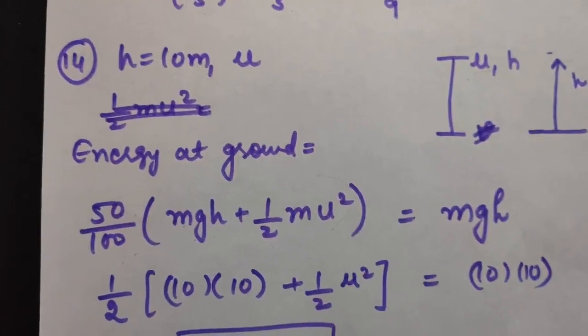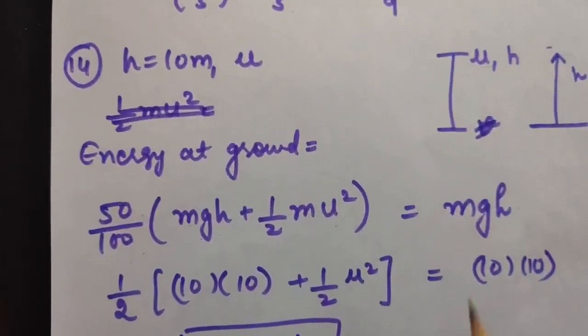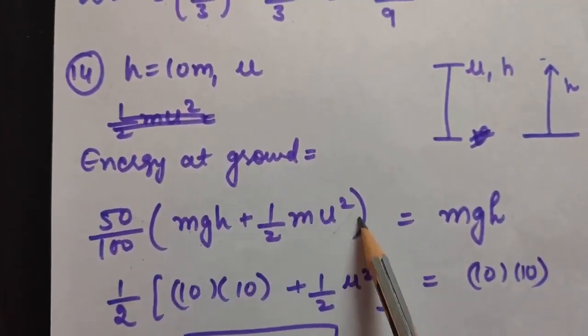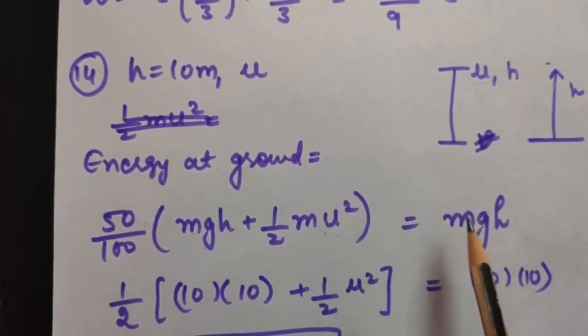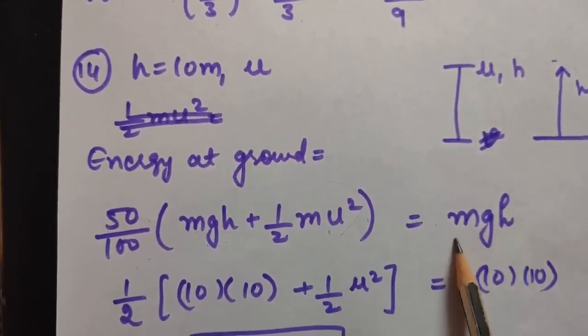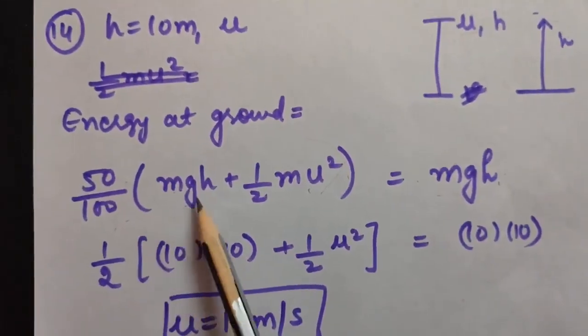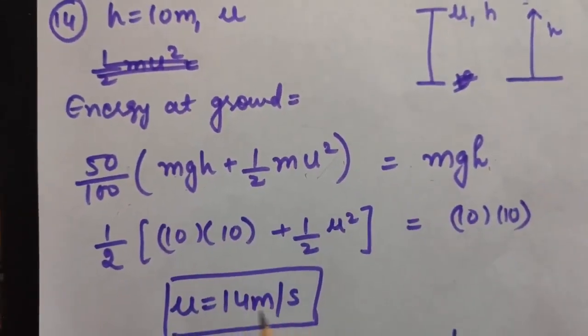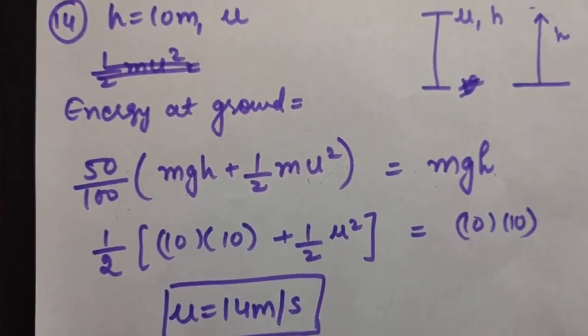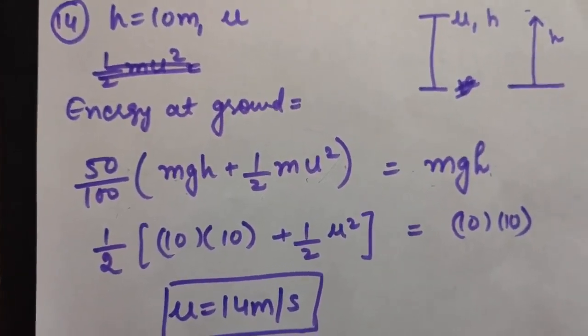So that means we are just using conservation of energy here. This is at ground point where it has lost 50% of its initial energy, and after rising to a height h, it will be having this energy, right? So now just put all the values, you know g, you know h. So from here you will get 14 meter per second. So that means this was its initial velocity.